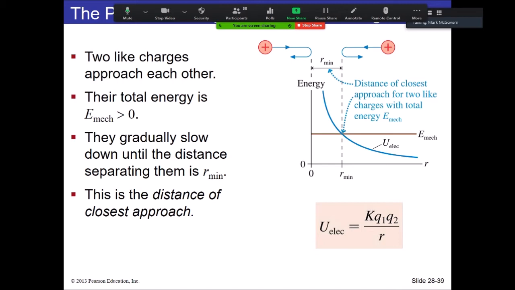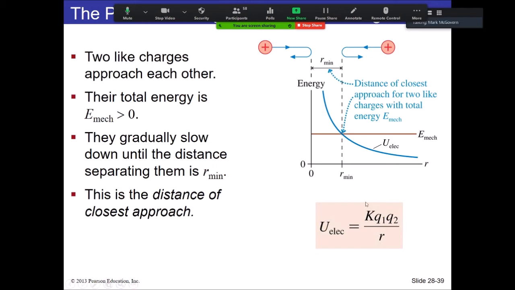They'll approach each other and reach a minimum distance. That minimum distance happens when there is no kinetic energy, and all of the energy is put into potential energy. In that situation, where the kinetic energy is 0, the potential energy will be at its max, and you can solve for a minimum distance.